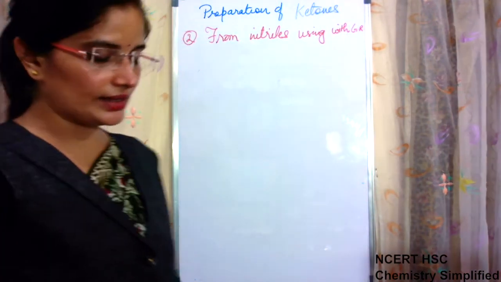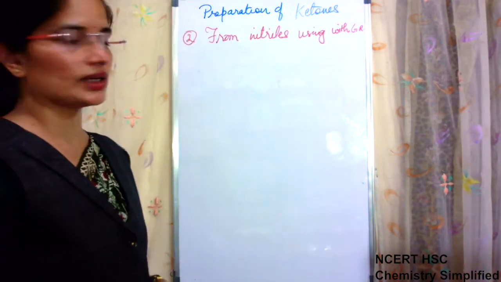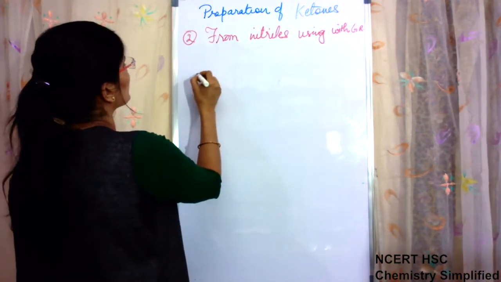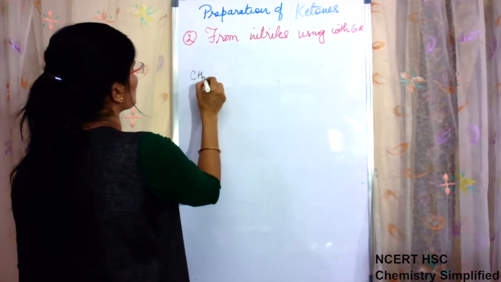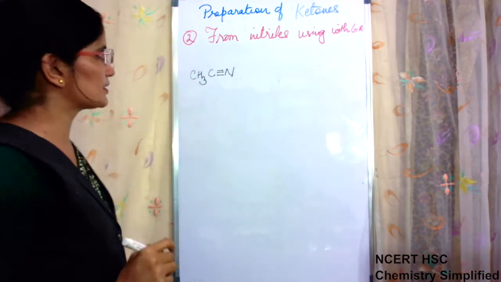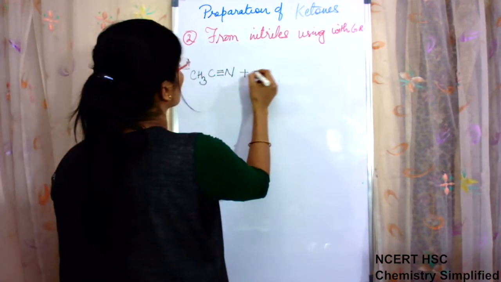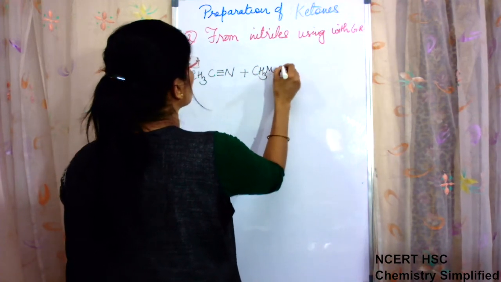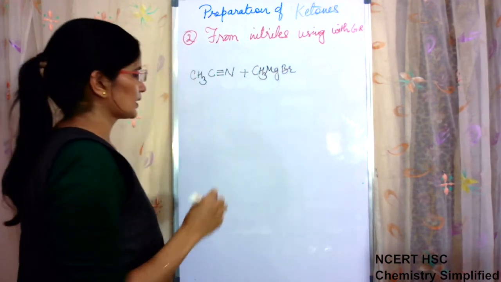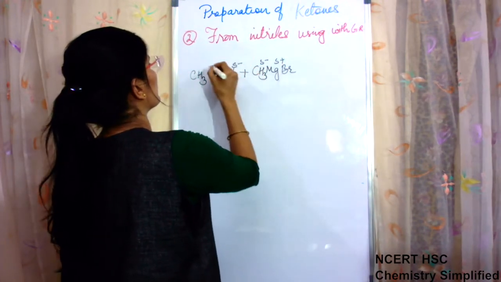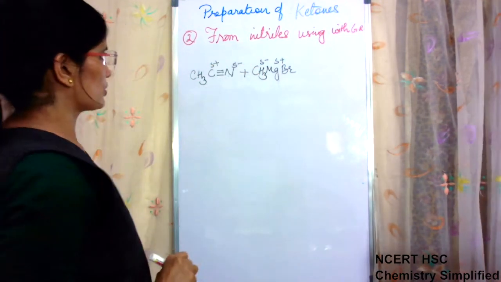Okay, directly by using nitriles with Grignard reagent. Now we will write the reaction. One nitrile, suppose CH3, C triple bond N, we are taking nitrile. When it reacts with Grignard reagent, that is CH3MgBr, okay, so partial positive, partial negative. This will acquire negative, this will acquire positive.